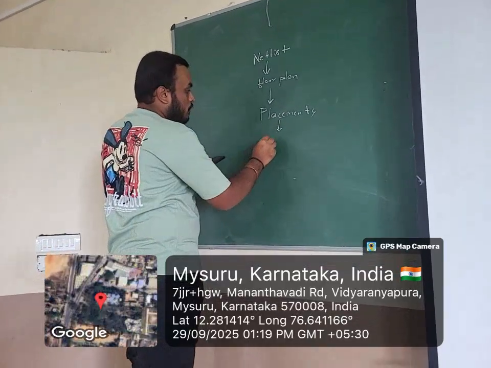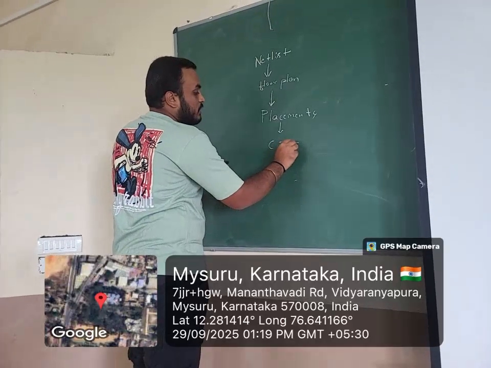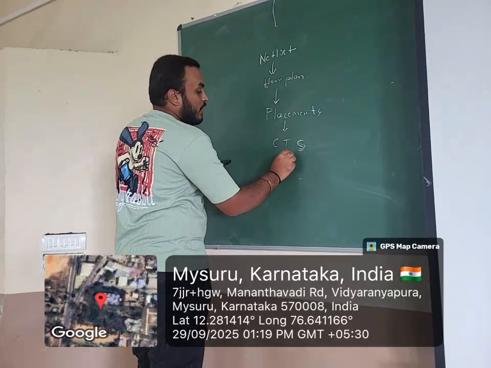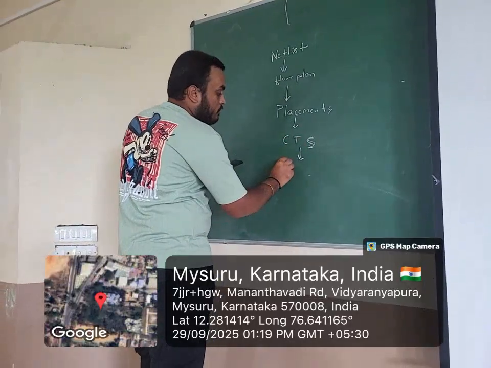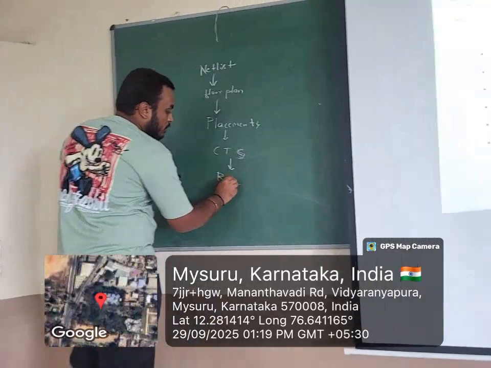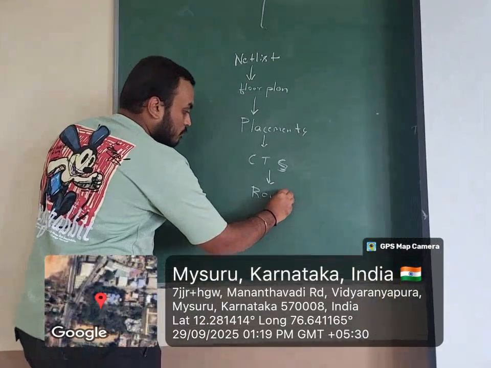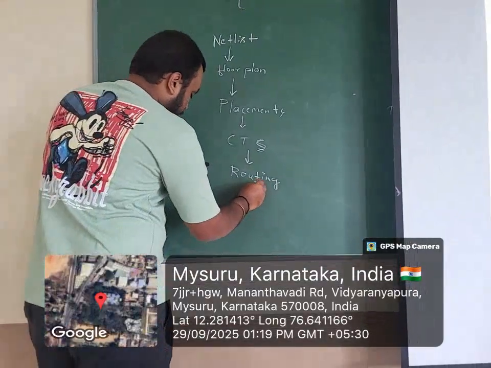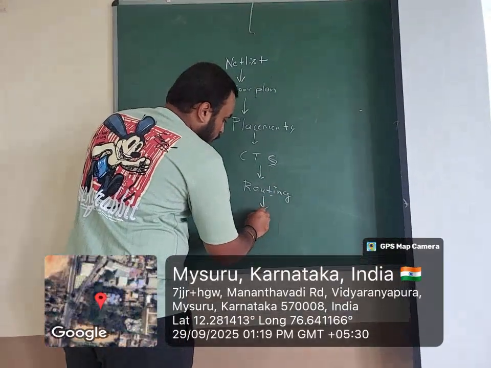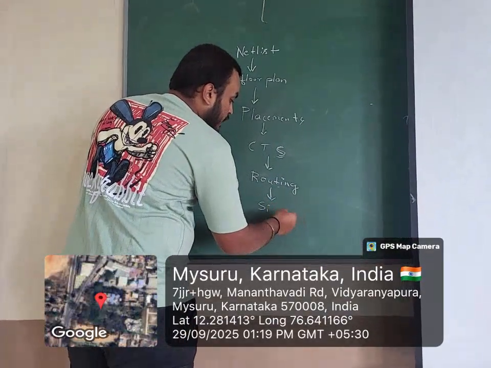After placements, we go to the continuous time survey, where we check the graphs, and routing is also explained. Next step is routing. And the final step is sign off. After this, the GDS2 file is generated.